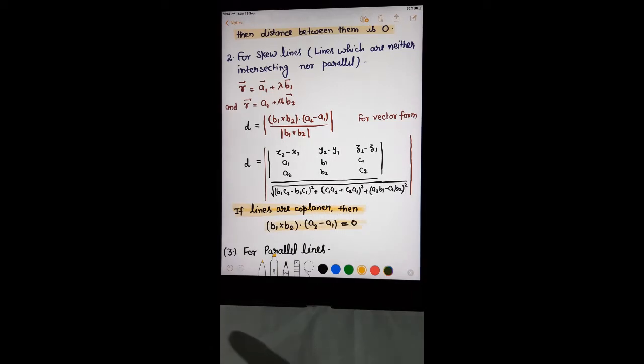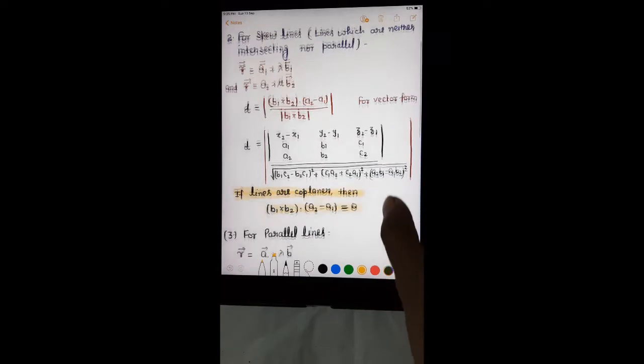So the dot product of b1 cross b2 and a2 minus a1 must be 0. If this condition is followed, then the given lines are coplanar, meaning these lines are on the same plane. So if we have to prove that two lines are coplanar, then we can prove it by using this: if b1 cross b2 dot a2 minus a1 is equal to 0, then the given lines are coplanar.